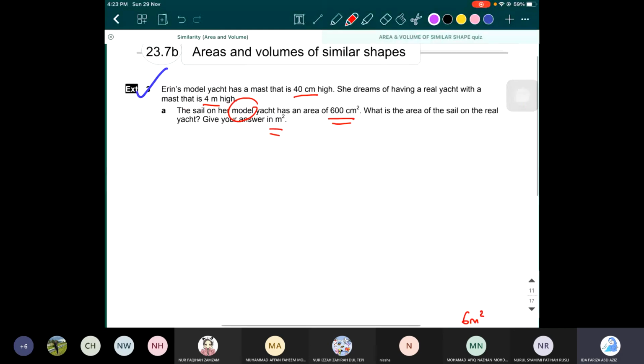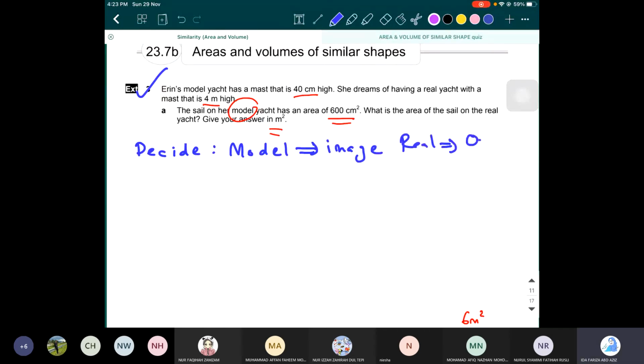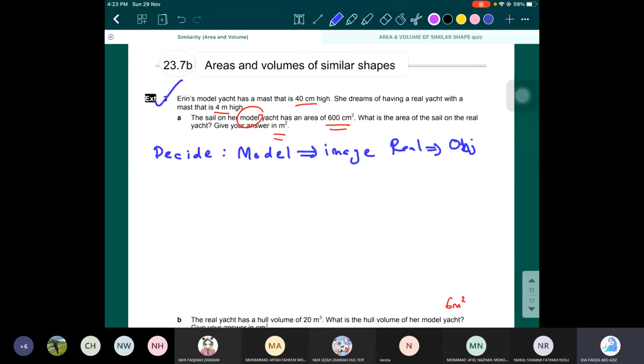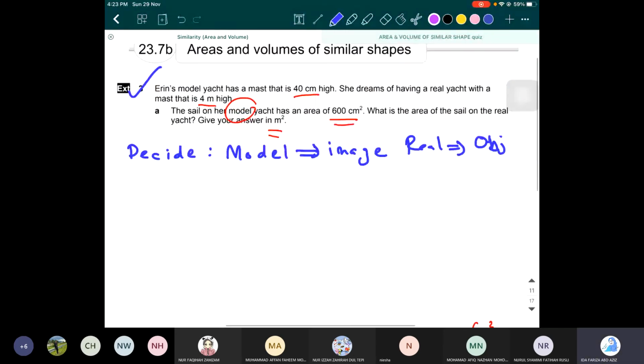Okay, class. First kali cari K. Sebelum cari K, decide. Okay, let's decide. Model, saya nak jadikan dia image. Real, saya nak jadikan dia objek. Okay, so yang ni adalah image, 40 cm tu image, 4 meter ni objek.